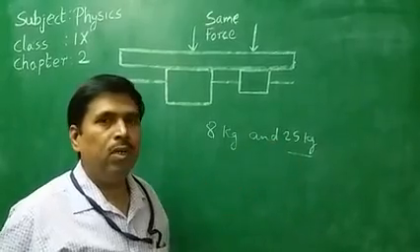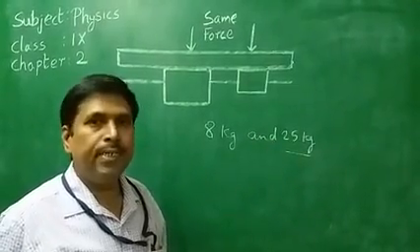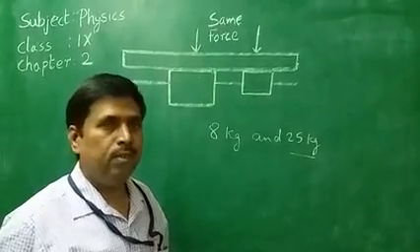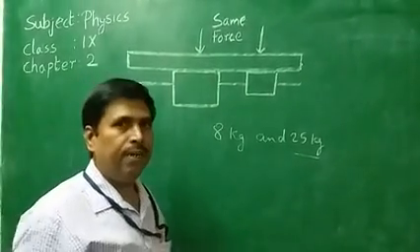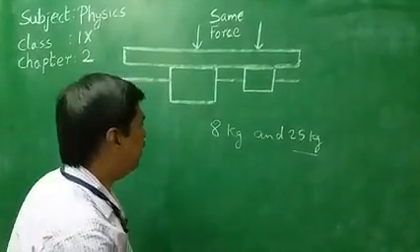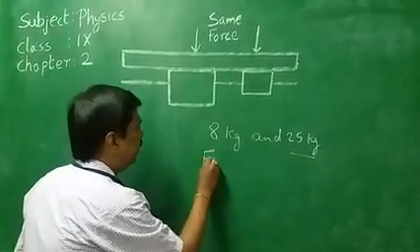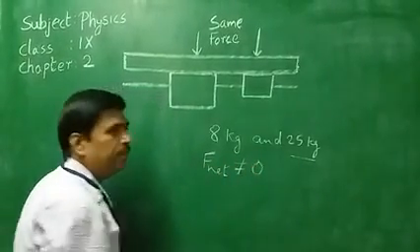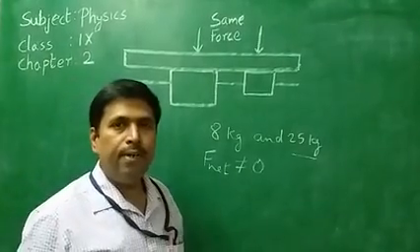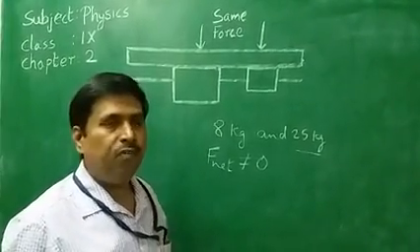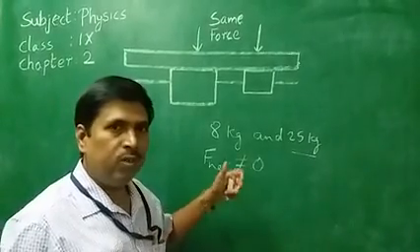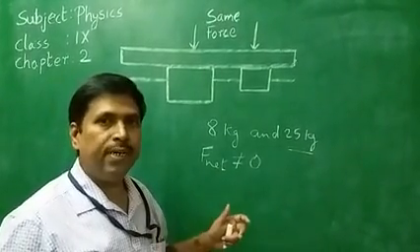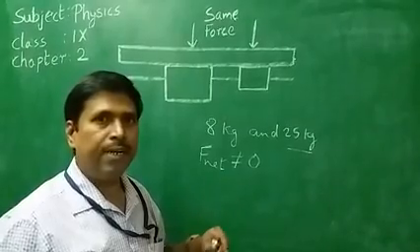Today we are going to learn about Newton's second law of motion. In Newton's second law of motion, the net force acting on the object is not equal to 0. Yesterday, in Newton's first law of motion, the net force is equal to 0. But in Newton's second law of motion, there is a non-zero net force acting on the object.